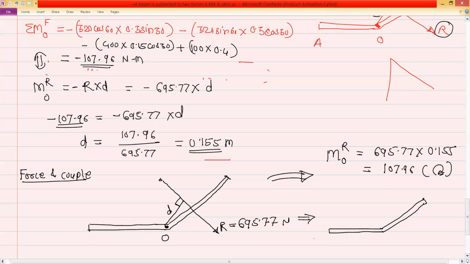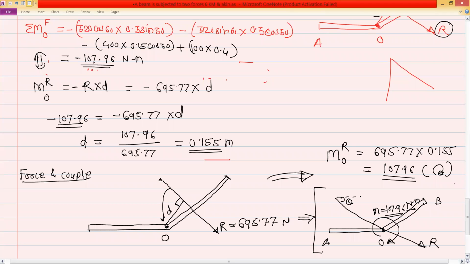This is the lever, this is point A, this is O, and this is B. Now just shift this resultant to the point O. This is the resultant R. Its direction will be the same, that is theta. And additionally show one couple which is equal to 107.96. So here M is equal to 107.96 Newton meter. This is called a resultant force and couple system about the point O. So this will have the same effect as the original system.